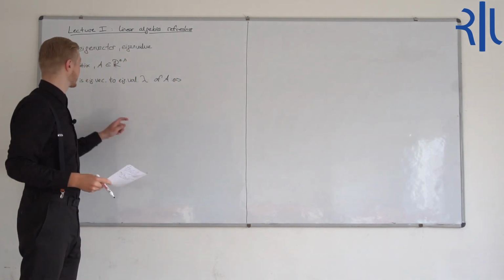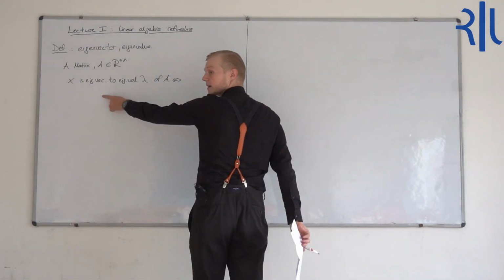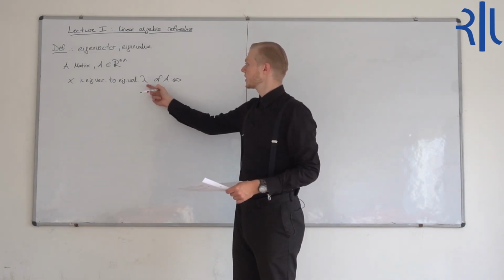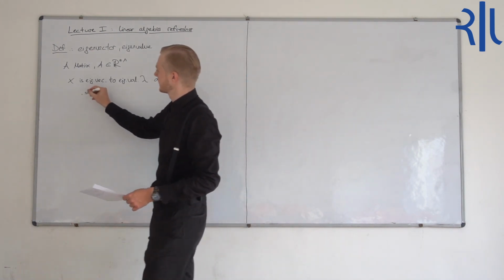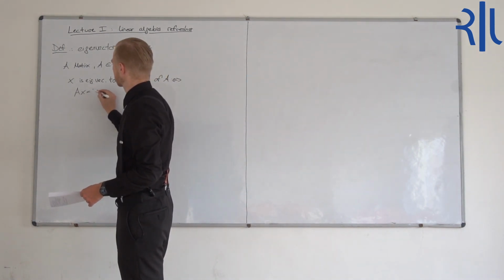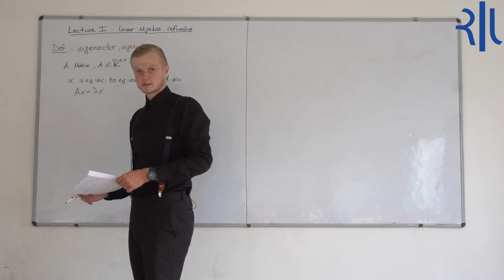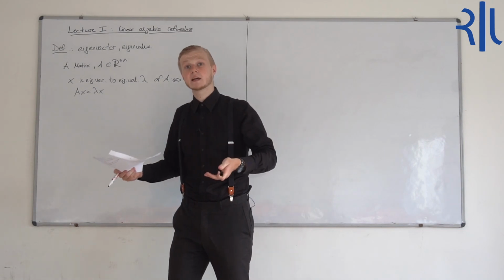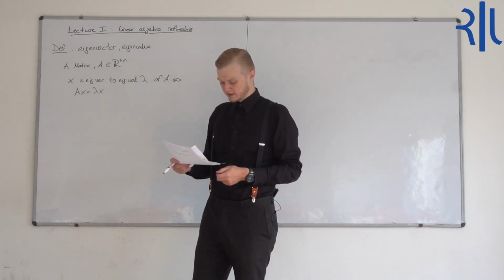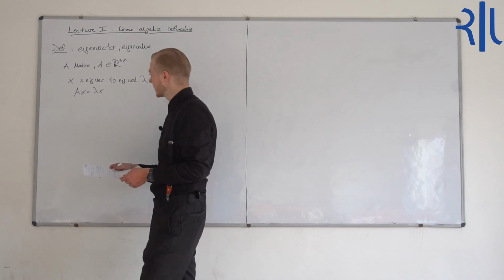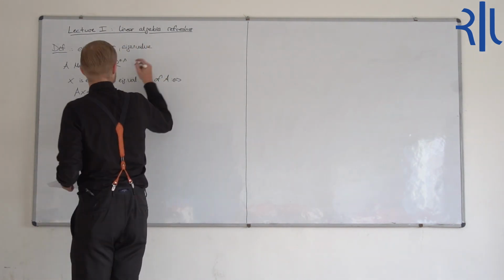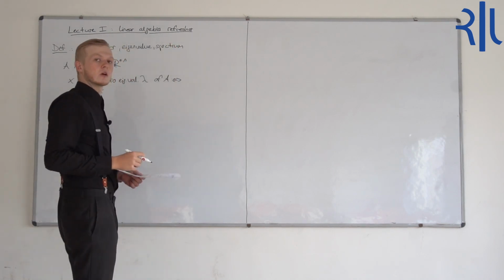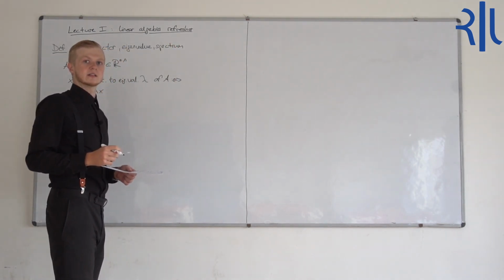And we say the vector x is an eigenvector to the eigenvalue lambda of A exactly if A times x is equal to lambda times x. So multiplying x with the matrix is the same as just scaling the vector with lambda, and the set of all eigenvalues of a matrix is its spectrum.